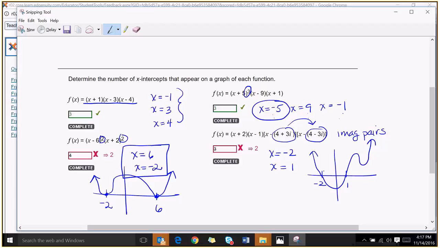So since it only has 2 real zeros, then it only has 2 x-intercepts. Now, the imaginary numbers are roots. They're just not x-intercepts. That's the difference. Does that make sense?